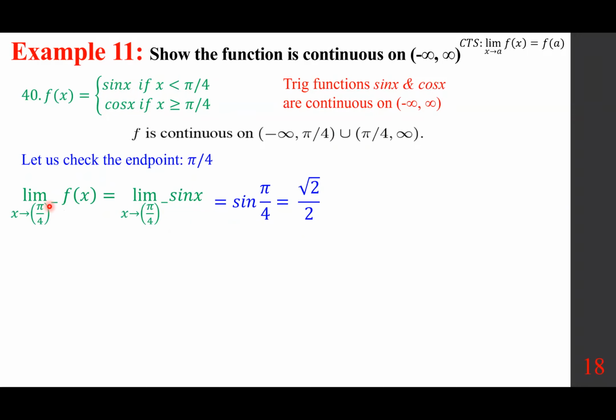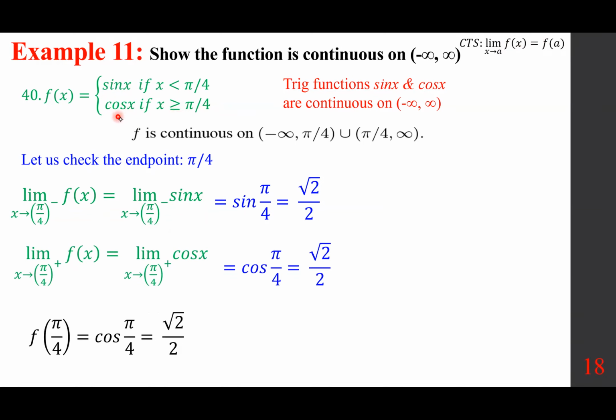For pi over 4 from the right, since this has greater than, we're going to use this one. As you know, this is also square root of 2 over 2. And finally, we want the functional value at pi over 4. And because this has the equality, we use cosine x. And that is also equal to square root of 2 over 2.